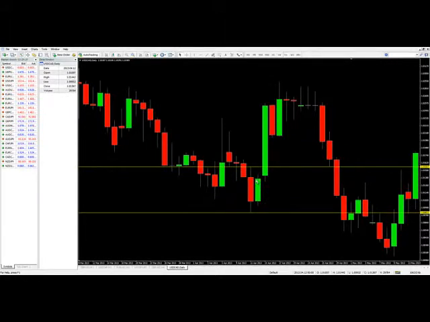We have a body of our second candle that's in the opposite direction. This one's a down candle, this one's an up candle. The body is completely inside the body of the previous, and the high and the low are completely inside the high and the low of the previous. So we have a candle that is smaller in every way, shape, and form than the candle before it.